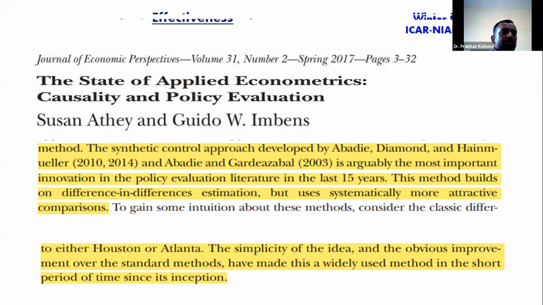Here you don't have to select some group to compare. It will automatically run the algorithm, find out which one is better, provide the weight to that one, and based on that create a counterfactual. I think that will solve your purpose, so I put it here.